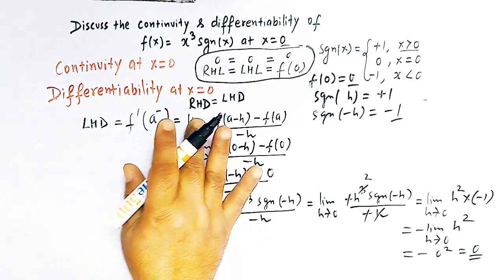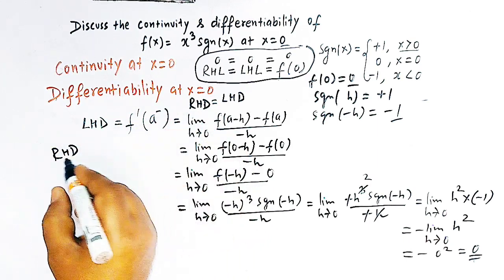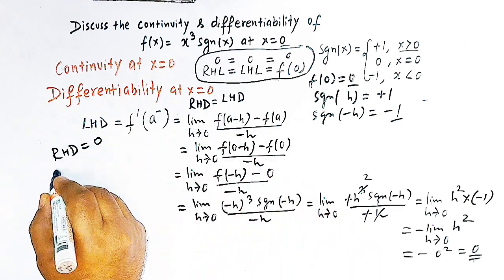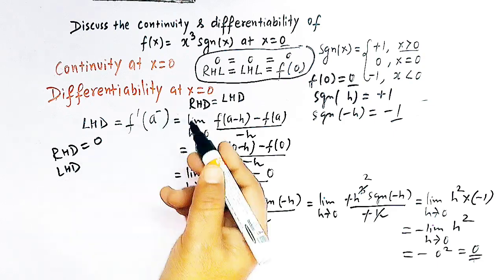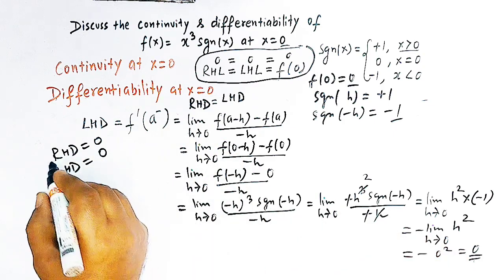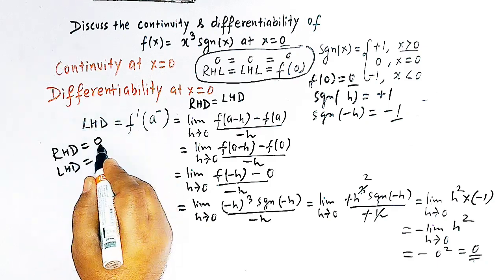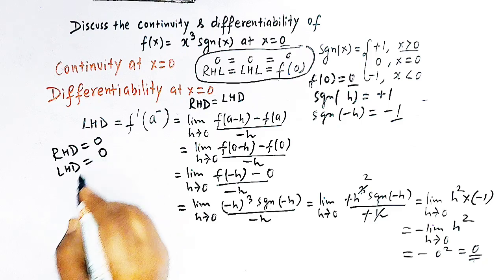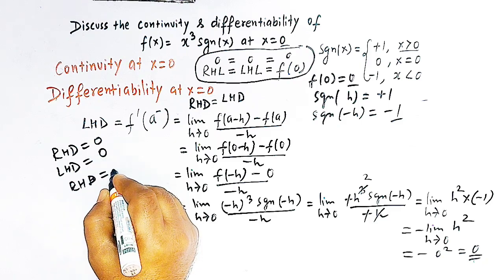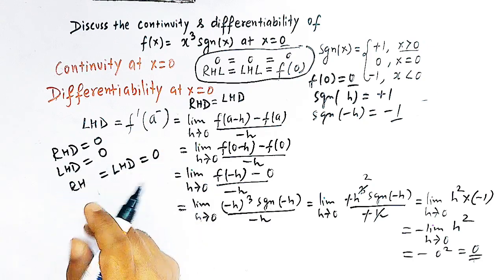So now we see that the right hand derivative exists, it is finite, and it is equal to 0, and the left hand derivative is also finite, it exists, and it is equal to 0. So both the derivatives are finite and they are equal to each other. That is, the right hand derivative is equal to the left hand derivative, and it is equal to 0.